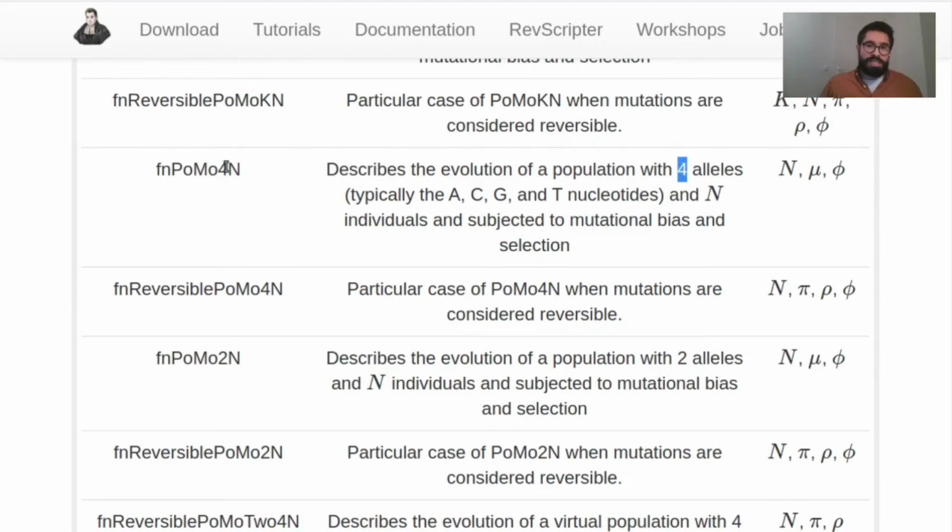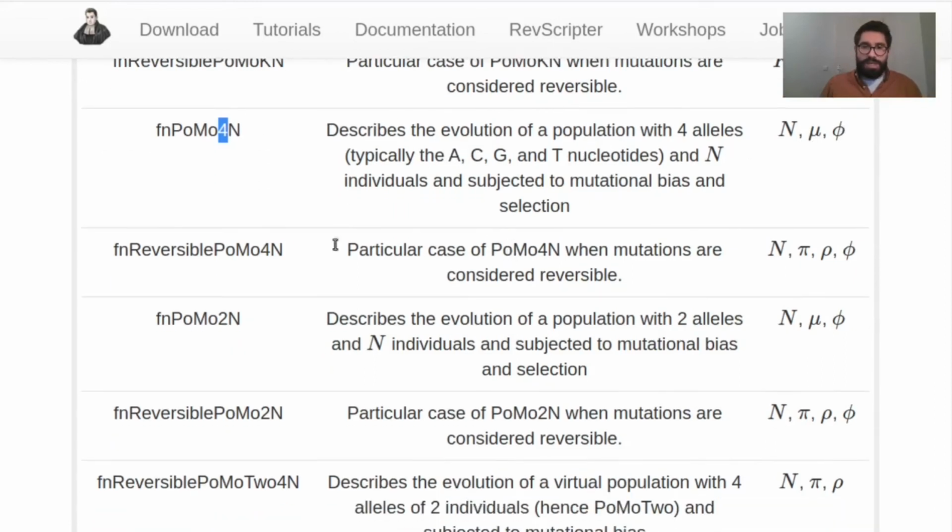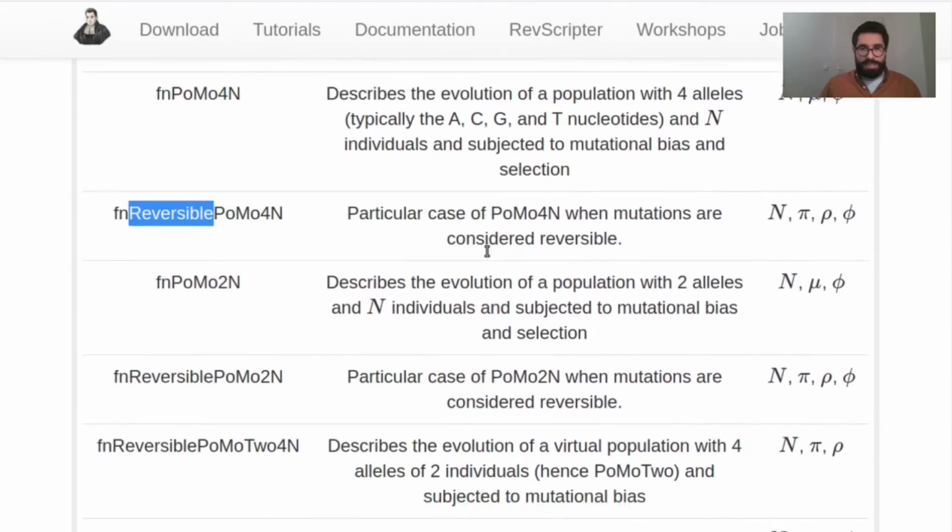And in this case, I'm just representing here a POMO rate matrix in which I know a priori that the number of alleles is 4, but it can also of course be other 4 alleles apart from the nucleotide bases. In this case again we have mu and the vector of fitnesses, but we can also assume for the very same case with 4 alleles a reversible mutation model, and it's the same thing.